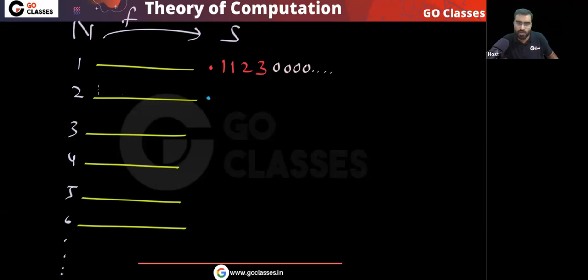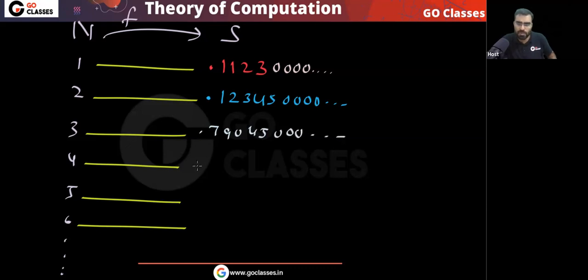Give me the map of 2. What is the mapping of 2? Someone is saying 0.12345, and then 0, 0, 0, 0. Okay. What about the next? The next is 0.79045, then 0, 0, 0, and so on.